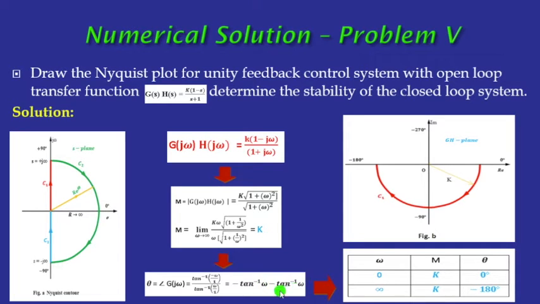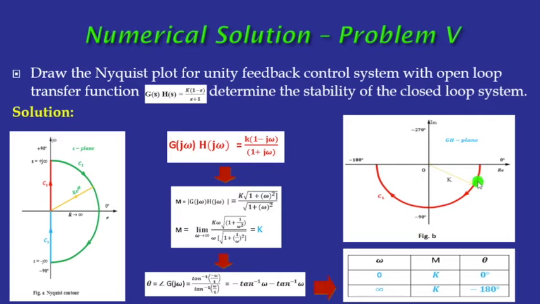Put omega equal to 0, so this angle is 0 degree. Put omega equal to infinity, then minus 90, minus 90, minus 180. Then draw the polar plot. Here the starting point magnitude is K and phase angle is 0 degree. So this is the starting point.